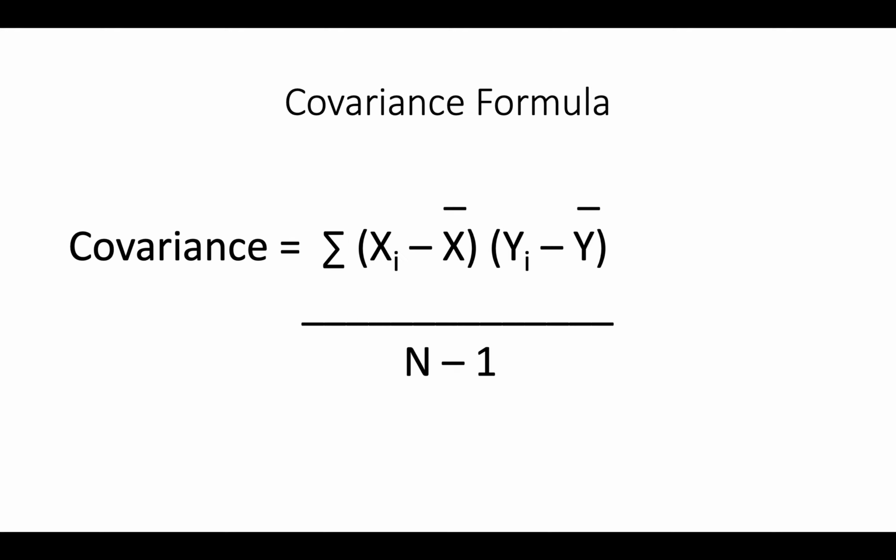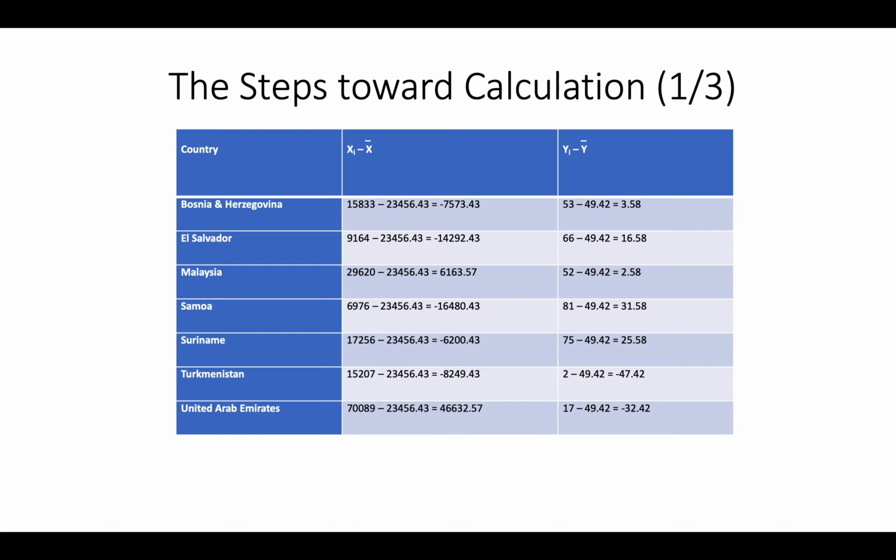Again, we have the formula for covariance, to which I will be referring in the next few slides. In talking through the calculation for the covariance formula, we start with the top left portion of the formula, where the mean of the x variable, GDP per capita, is subtracted from each case value for GDP per capita.